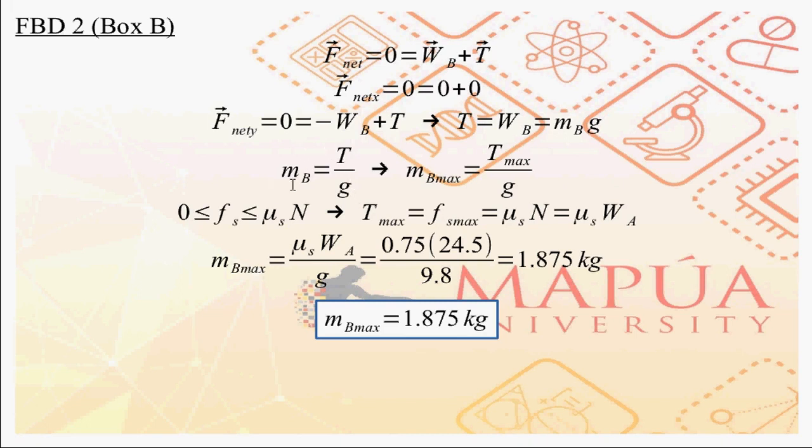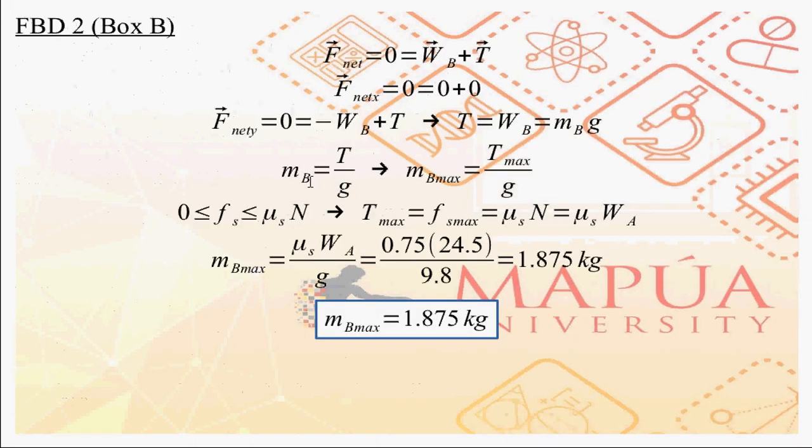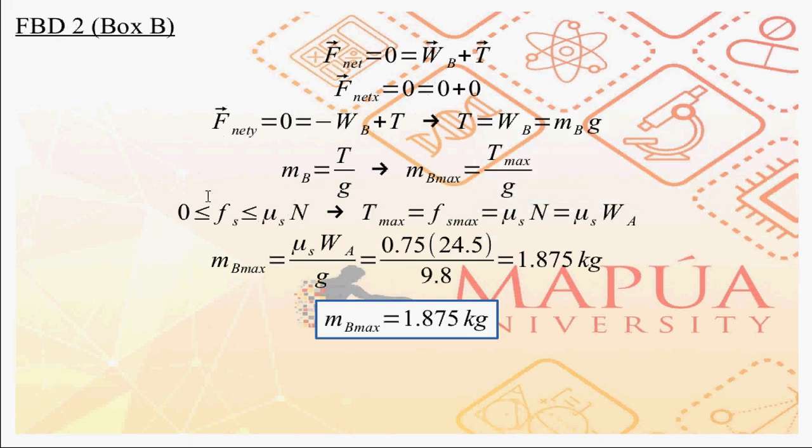Maximum mass, we are looking for maximum mass and still have the system in equilibrium state. So, let's set M to maximum. So, you have mB max. g is constant. So, for M to be maximum, tension must be maximum. And in FBD 1, we saw that tension is just equal to static friction, and we know that static friction ranges from 0 to a maximum value.